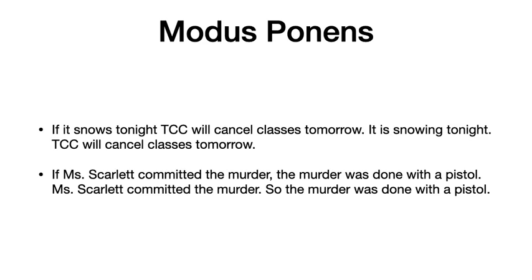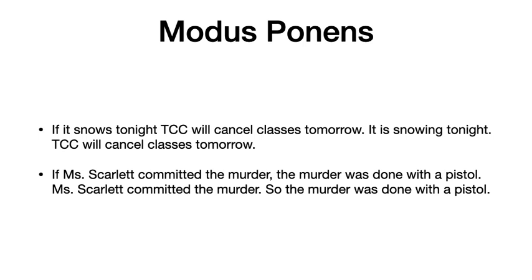So here are a couple arguments that use modus ponens, which is a valid form of argument. If it snows tonight, TCC will cancel classes tomorrow. It is snowing tonight, so TCC will cancel classes tomorrow. If Scarlett committed the murder, it was done with a pistol.